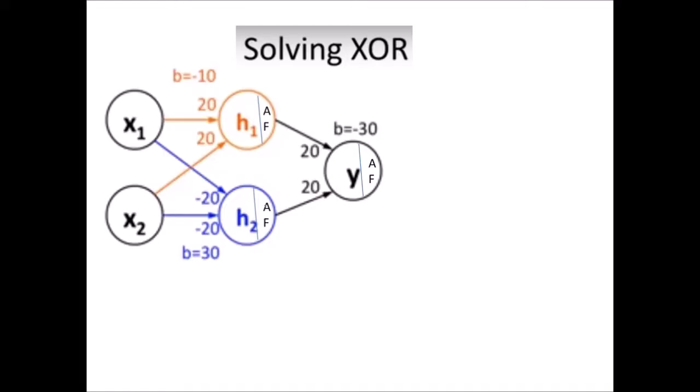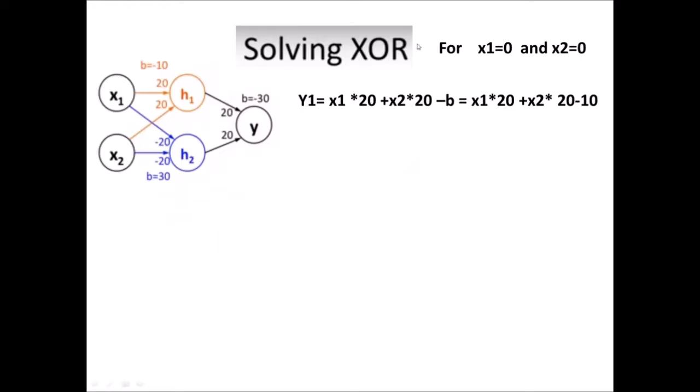Again weights are applied to these branches, and bias is also used. Here bias is -30. At this node bias is 30. At this node bias is again -10. This output again has an activation function, and after this we'll get the final output at this point. How to solve this feed-forward network, that we'll see.